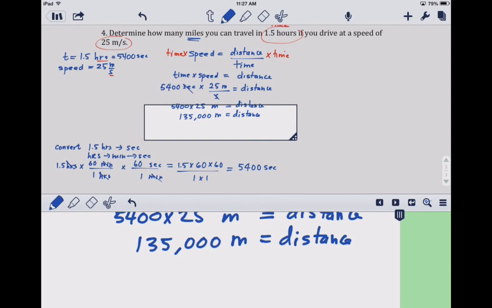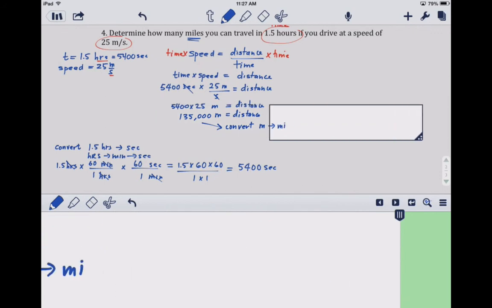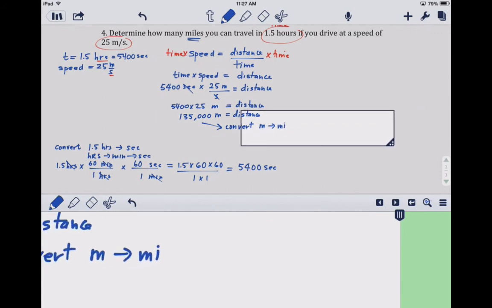So I need to convert this distance in meters to miles. Remember, the abbreviation for meters is M, miles is MI. So in order to do this, I'm going to go meters to kilometers, and then I can go kilometers to miles. So it's a two-step conversion.